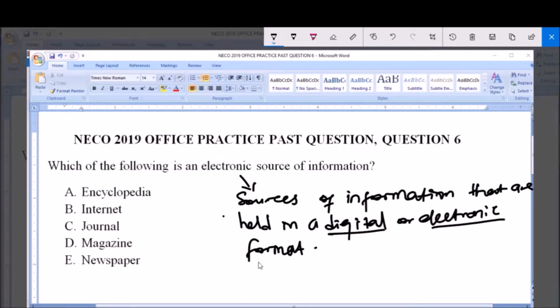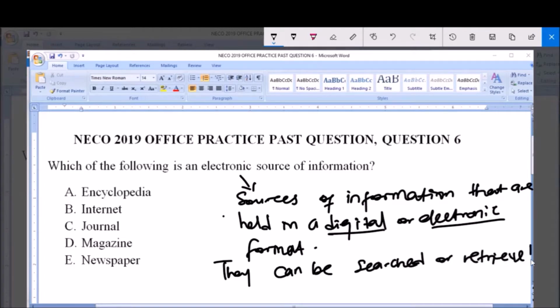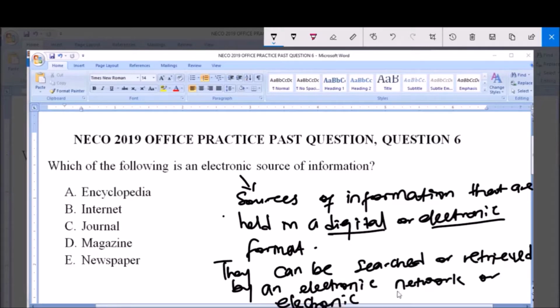Now these sources of information can be searched or retrieved by an electronic network or electronic data processing.